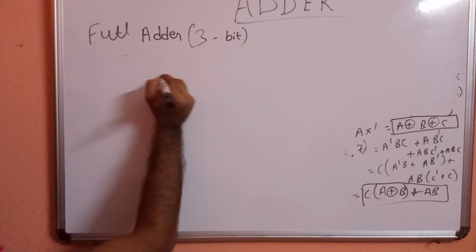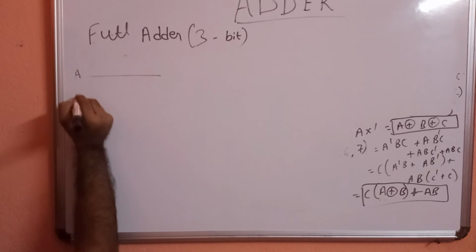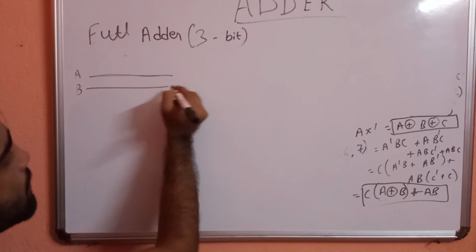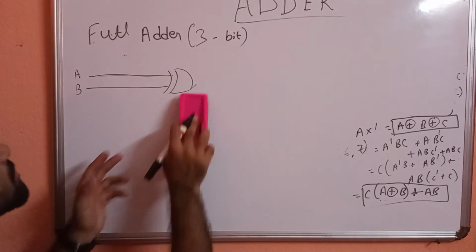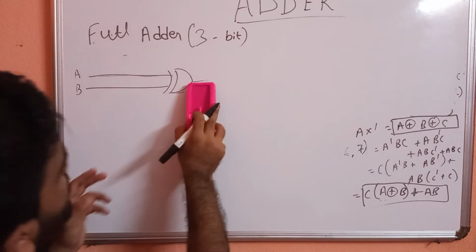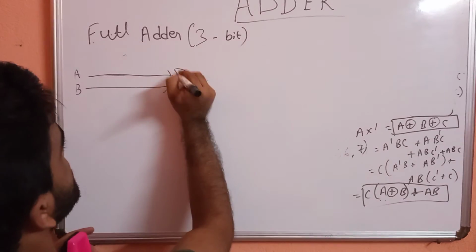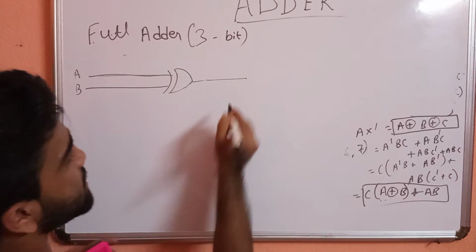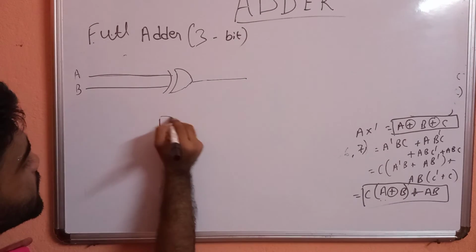First A and B. Okay, here we are doing XOR. Sorry, my gate is doing XOR, and now this A XOR B, and we'll take an AND gate here.